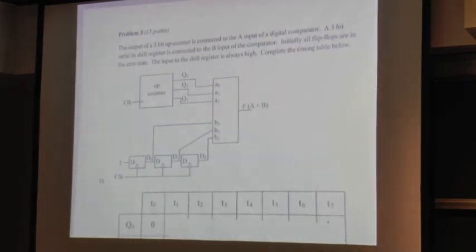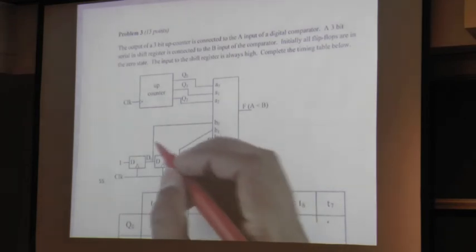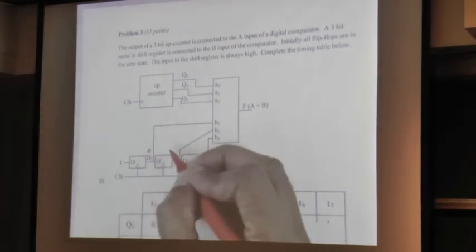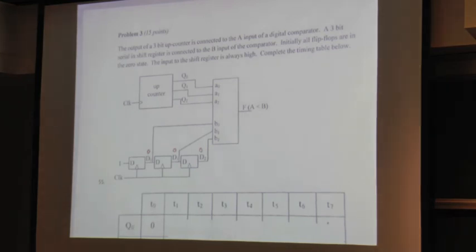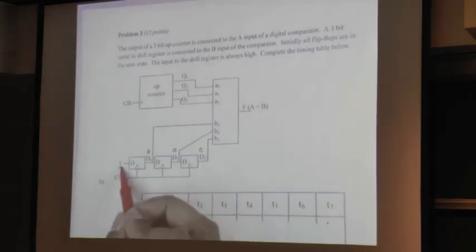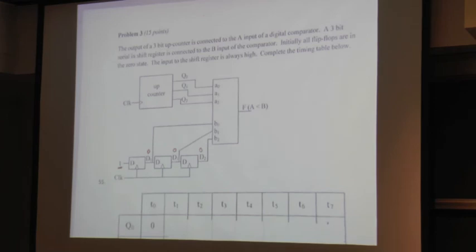Initially, all flip-flops are in 0 state, right? So that means all the outputs are zeros initially. And the input to the shift register is always high, indicated by that 1. So complete the timing diagram below.